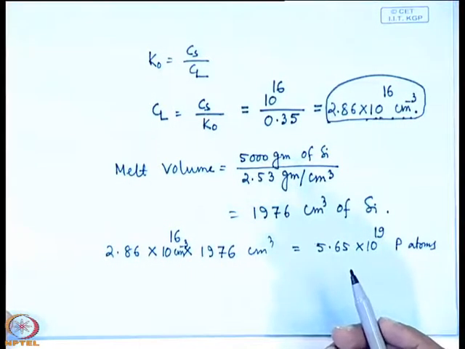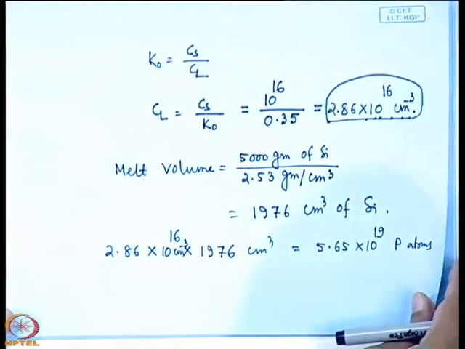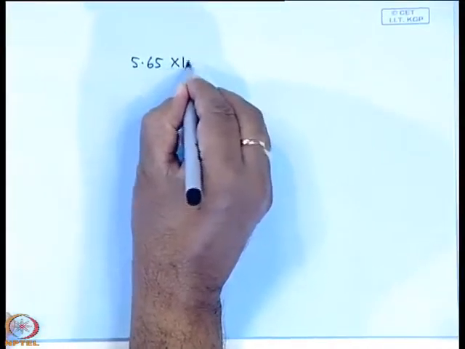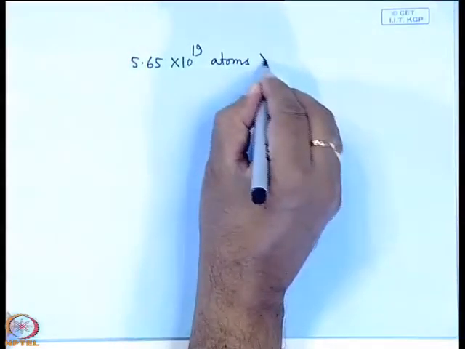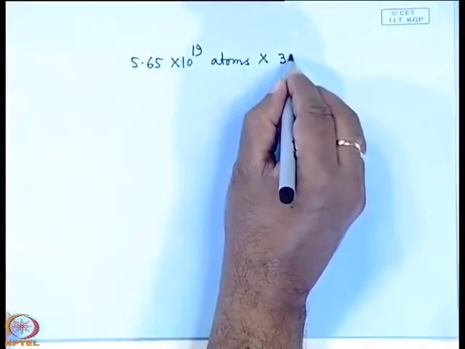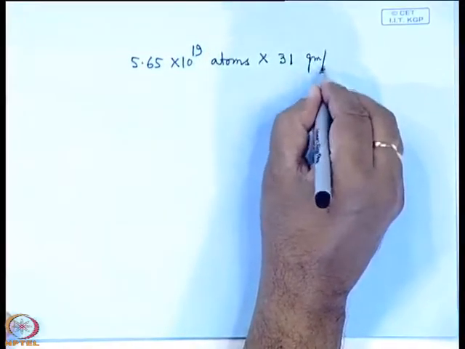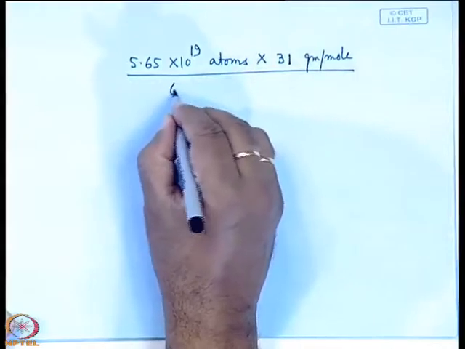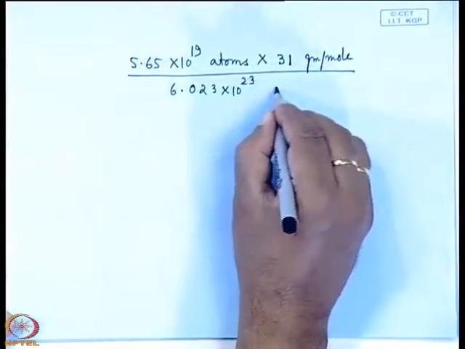Now, you use the Avogadro number. How can you use it? You see that 5.65 multiplied by 10 to the power 19 atoms into the atomic weight of phosphorus, which is 31 gram per mole, divided by 6.023 into 10 to the power 23 atoms per mole.